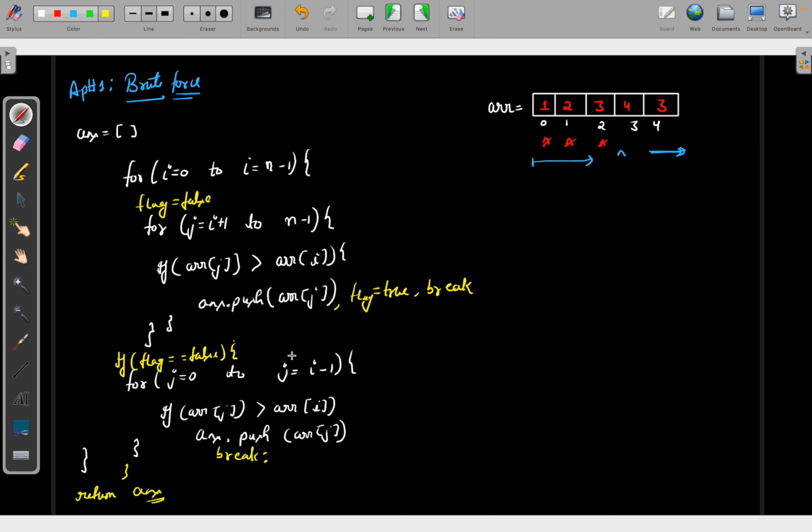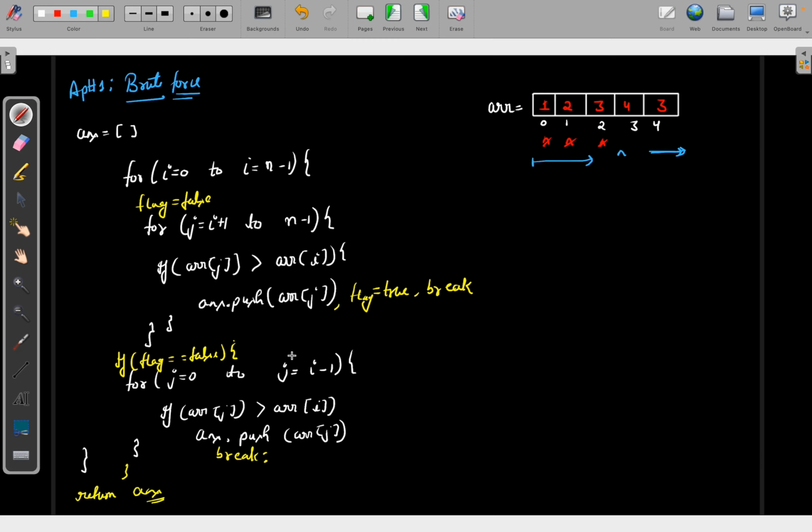First of all, let's understand the time complexity of it. We are running one traversal from 0 to n minus 1, which is surely going to take n iterations. Then the inner loop from i plus 1 to n minus 1 takes roughly n minus i iterations, and the circular part from 0 to i takes i iterations.